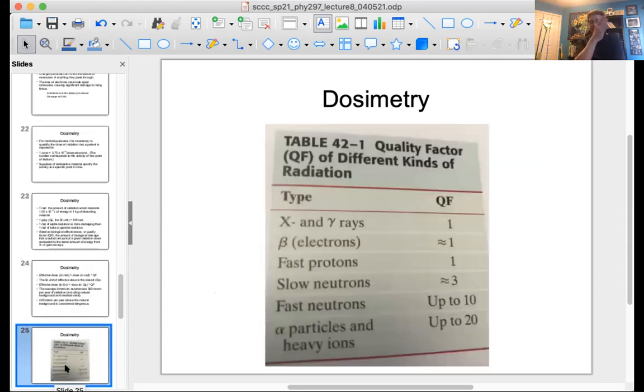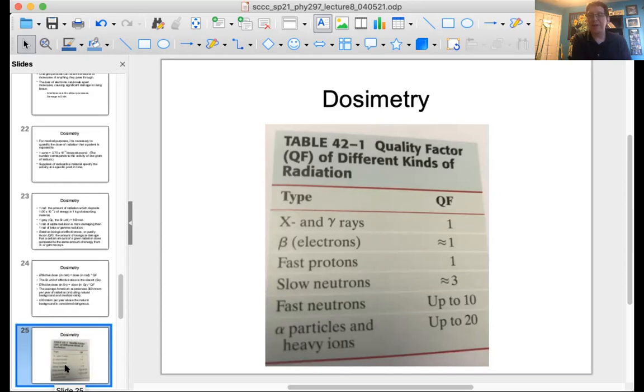So the quality factor for X-rays and gamma rays is 1. For beta rays, approximately 1. For fast protons, about 1. For slow neutrons, it's 3. For fast neutrons, it could be up to 10. So the quality factor where neutrons are concerned actually increases the more energy you give the neutrons.